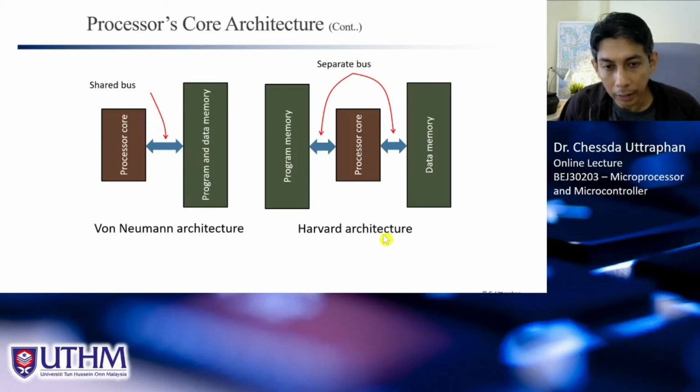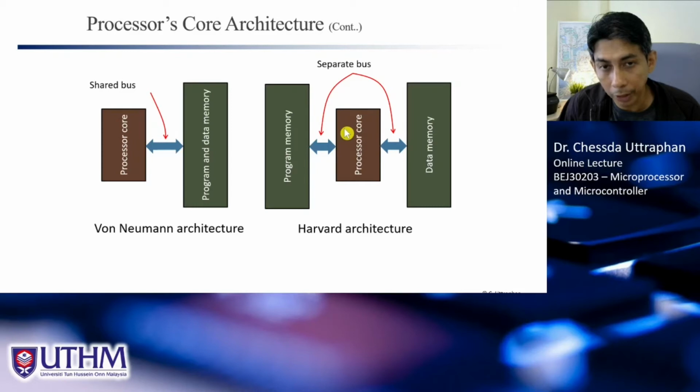But in Harvard architecture, you will see that data memory and program memory use different buses. When you want to get data from the memory, you use this bus. When you want to get program or code or instruction from memory, you use this bus.